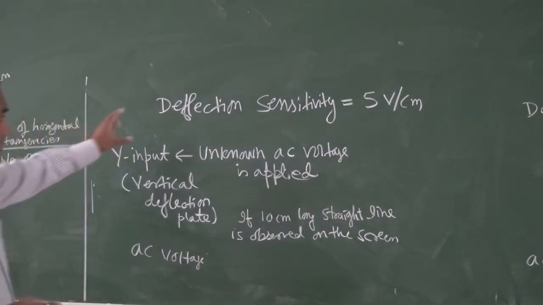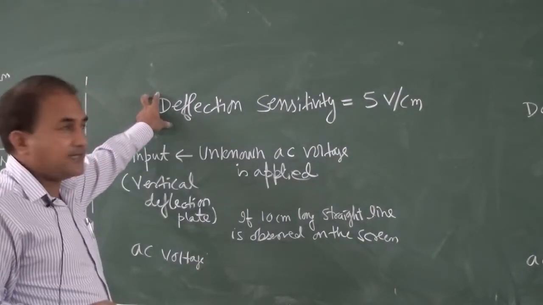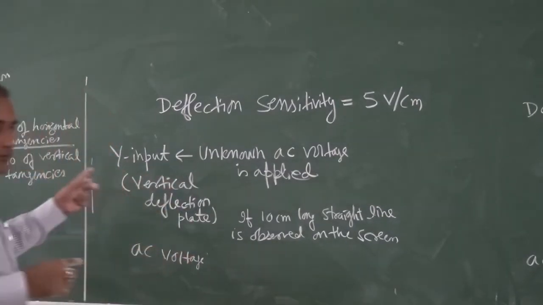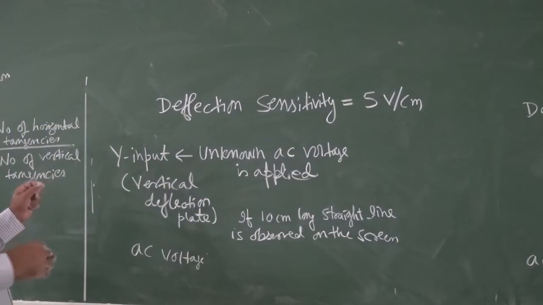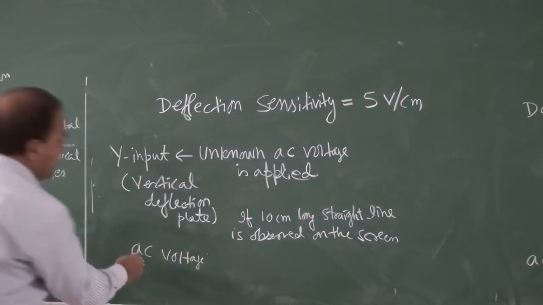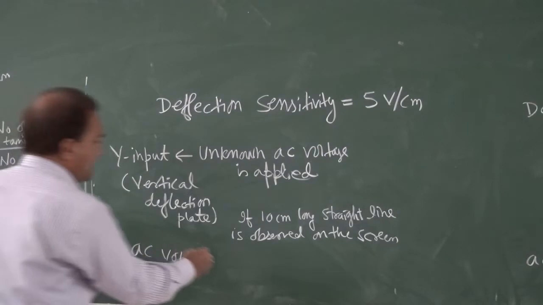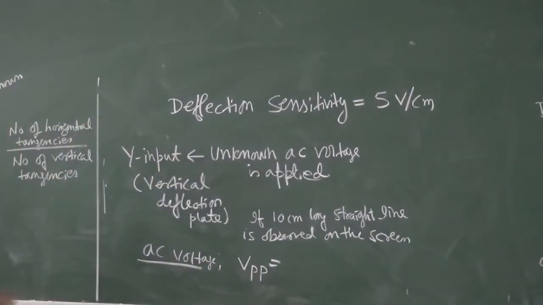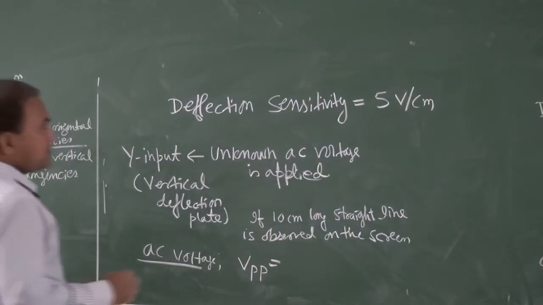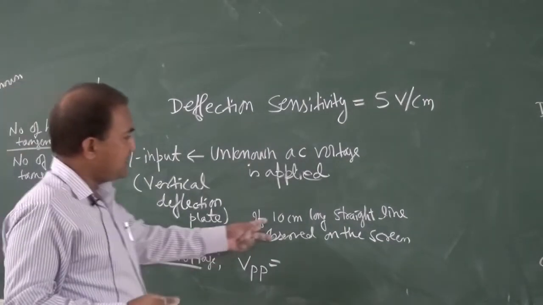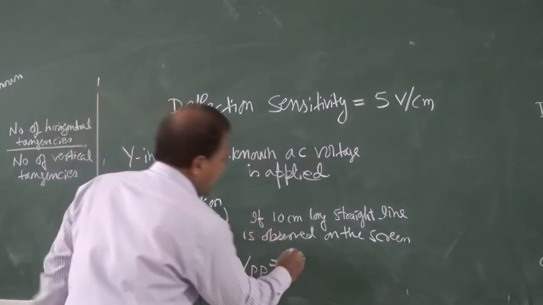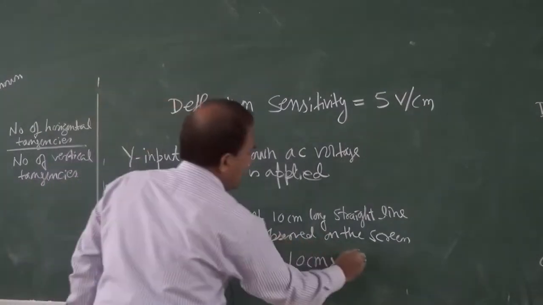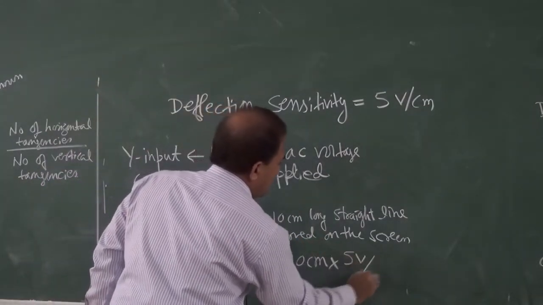You can see the deflection sensitivity of the CRO is 5 volt per centimeter. If any unknown AC voltage is applied to the Y input, then how can we determine the AC voltage? Just like the previous one, we first calculate V peak to peak. V peak to peak is equal to this 10 centimeter into the deflection sensitivity, 5 volt per centimeter.